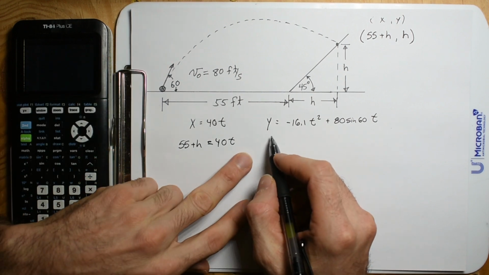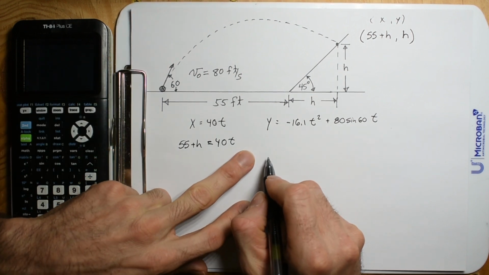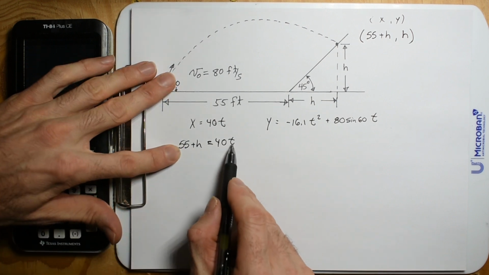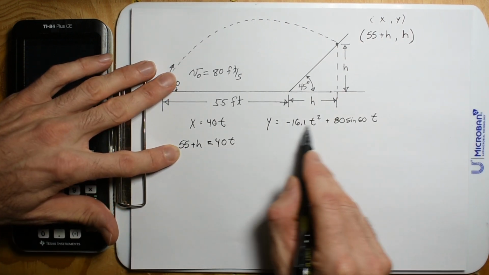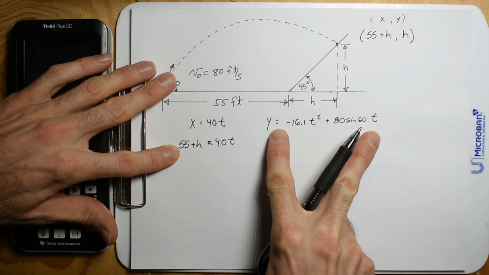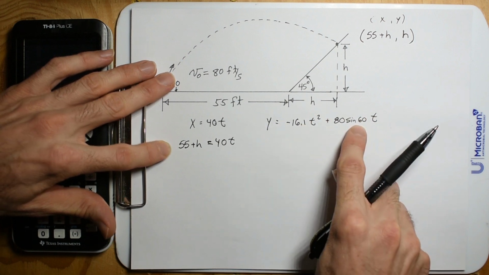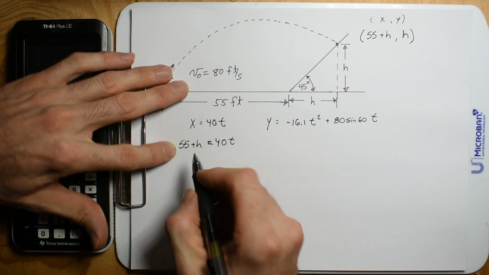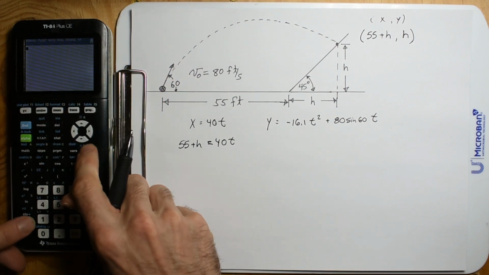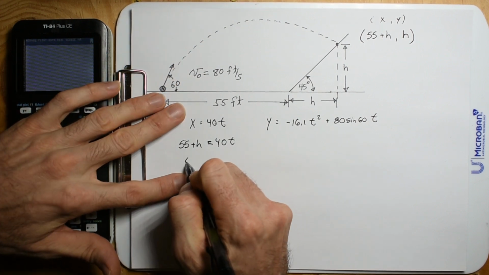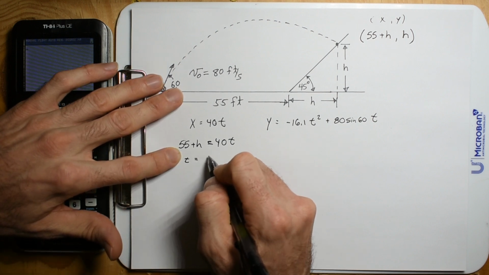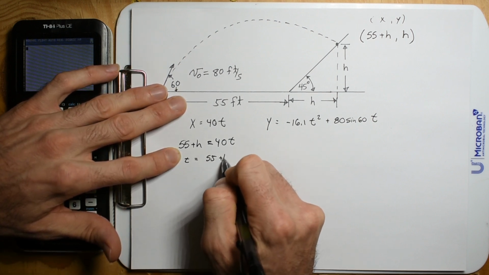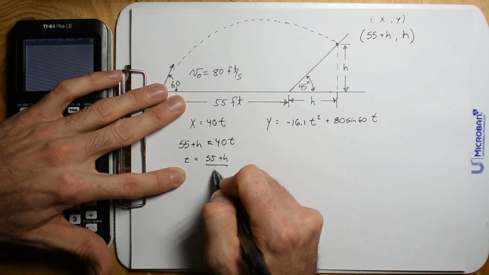Then we're going to solve for t, and obviously we can throw this value in for h right there, and then we'll have an equation, h is equal to all this. So t is equal to 55 plus h divided by 40.